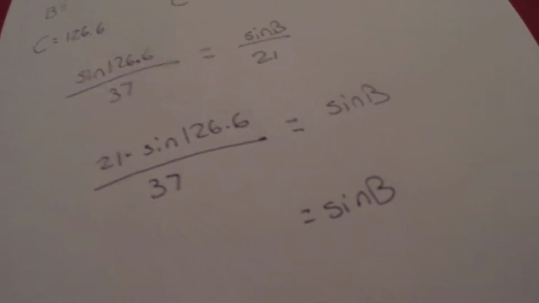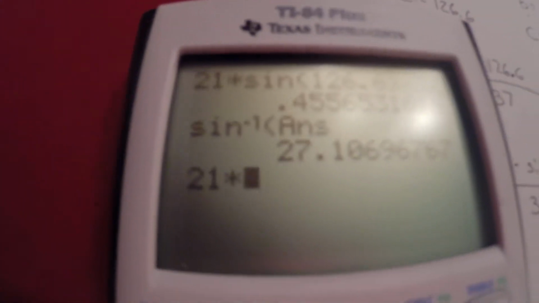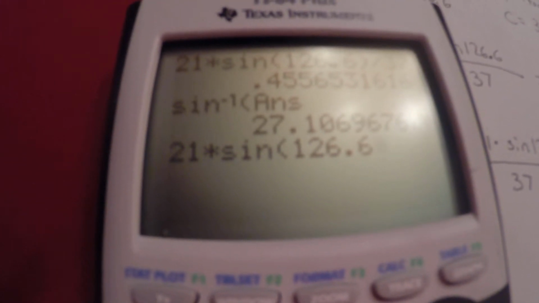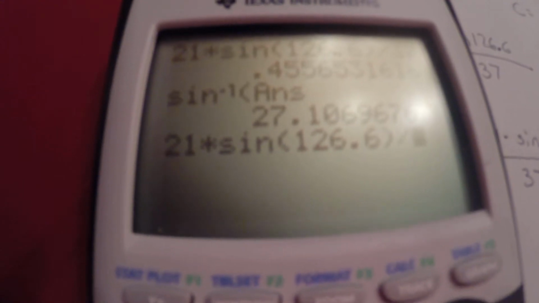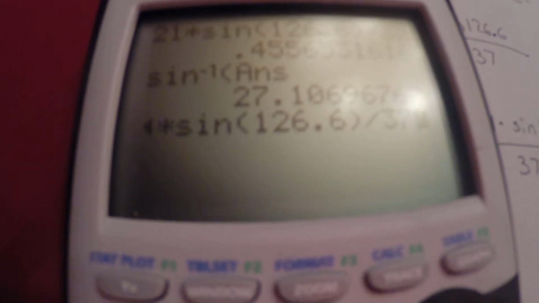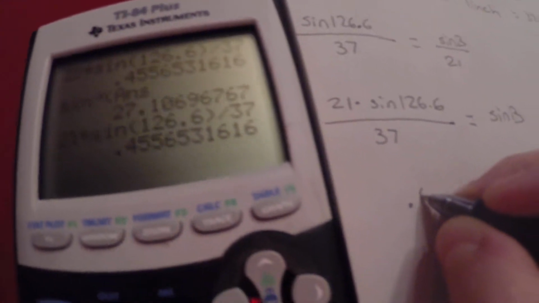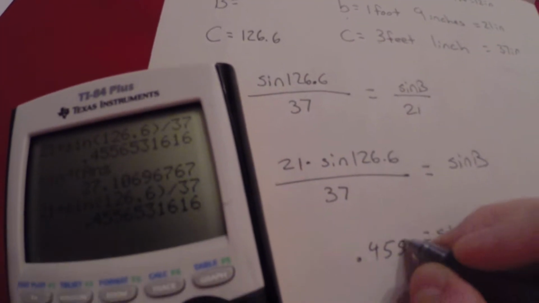And so we need the handy dandy calculator. Make sure I type this in correctly. So 21 times sine 126.6 divided by 37 gives me 0.4557.